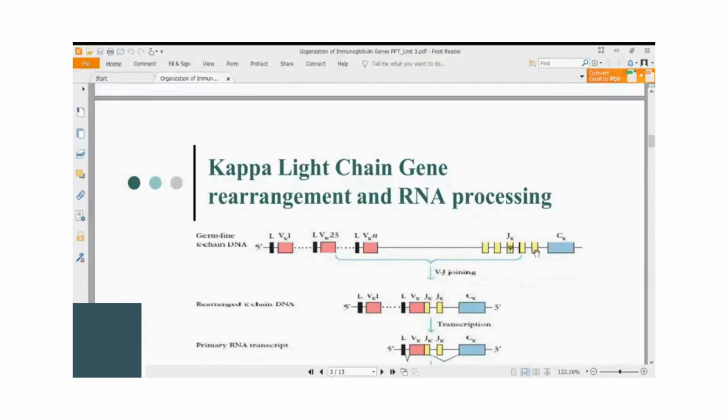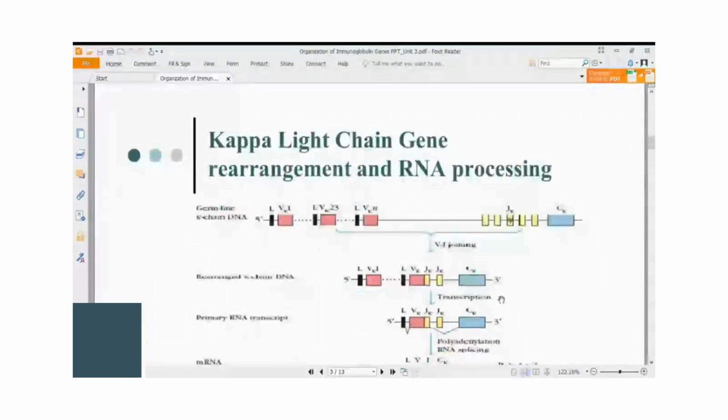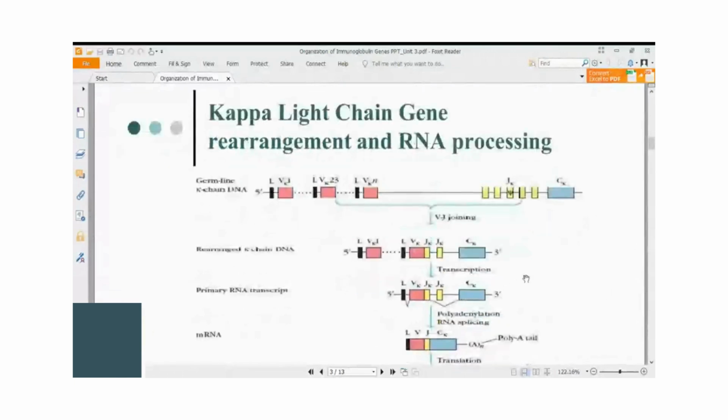The remaining J1, J2 and J3 were anyway not functional or lost. There is one additional junctional segment existing between the constant region segment and the VJ, which has rejoined. Now it has to undergo another recombination to produce a primary transcript, in such a way that VJ will show one more loop with the constant region, and the in-between J segment will be lost.